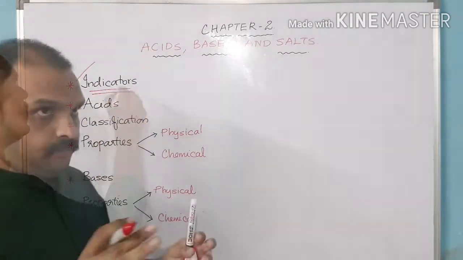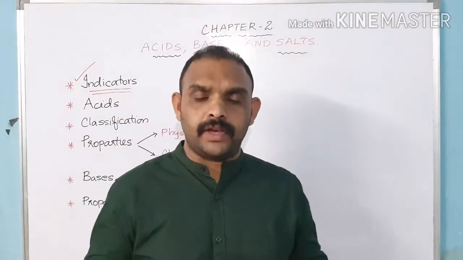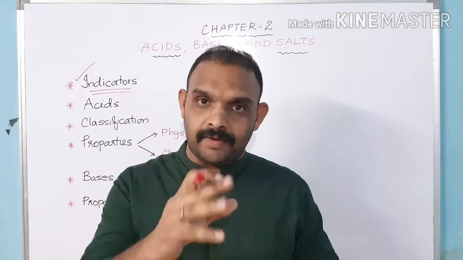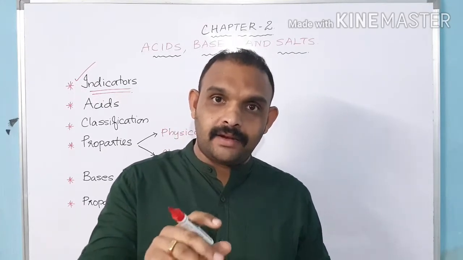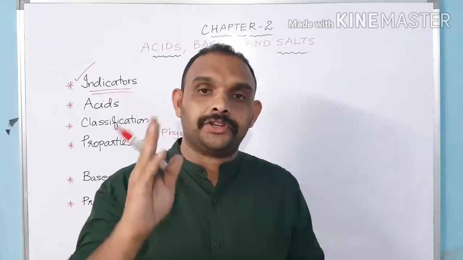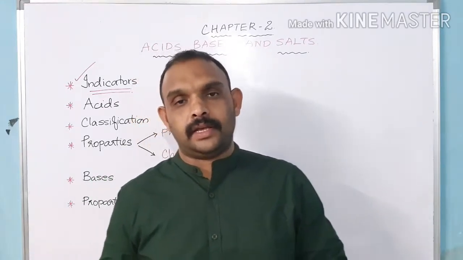So what are indicators? You know that in automobiles, in vehicles, we use indicators. What is the use of it? That indicator gives direction to the other vehicles. Is it?